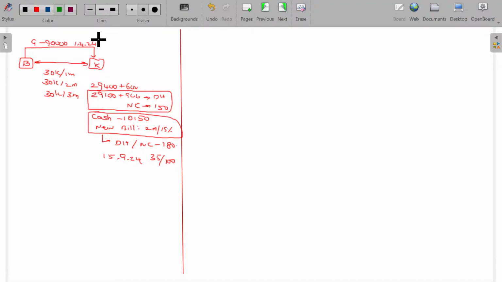Now, the first transaction being 1/2/24. Sales: K account debit in the books of Babai, to sales. Am I right? The value being 90,000.